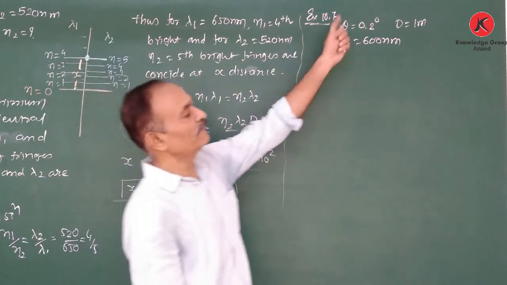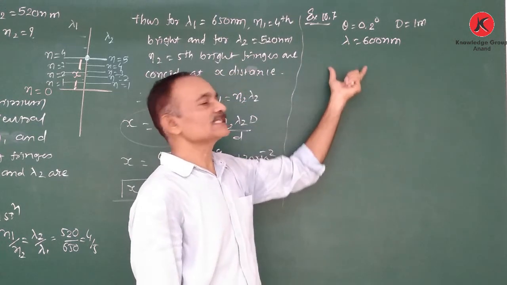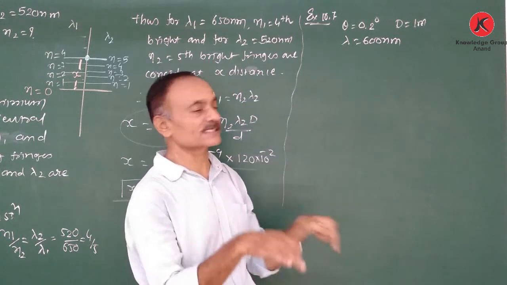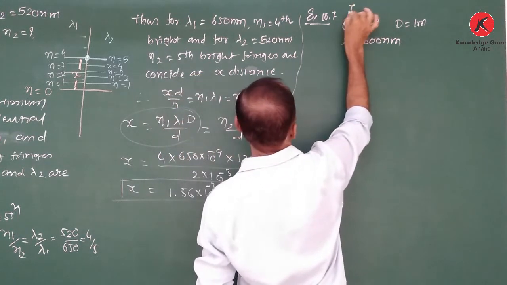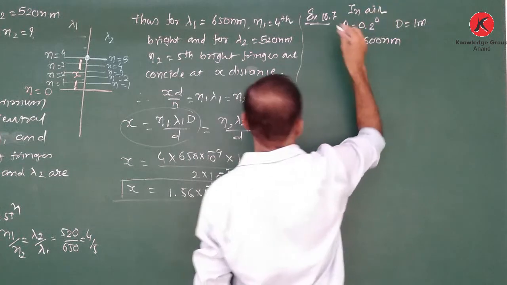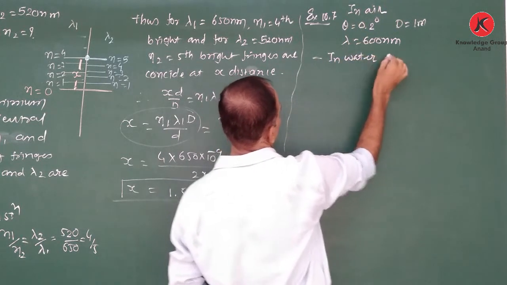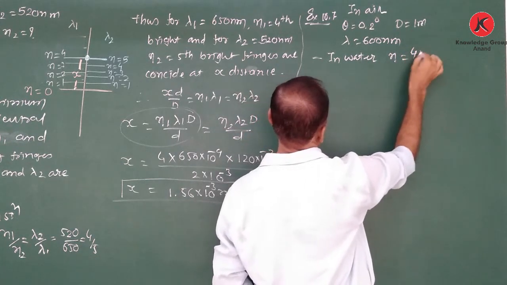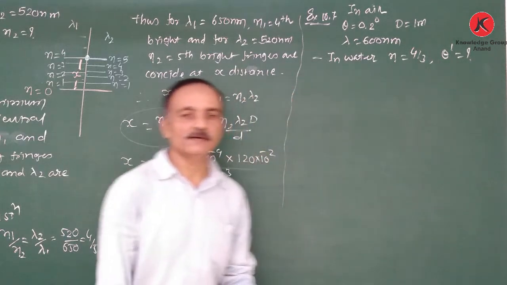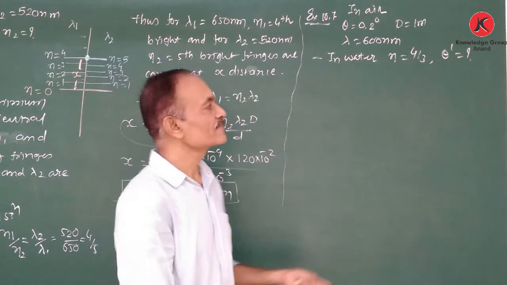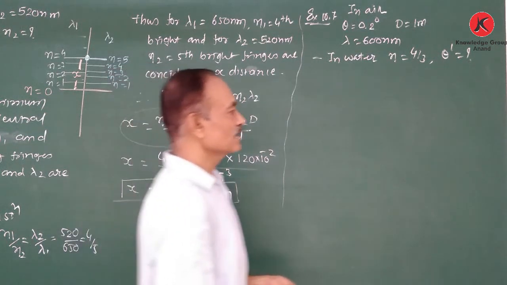Now, what is the angular width of a bright fringe when this experimental arrangement is immersed in water, that is in a medium, having refractive index n is equal to 4 by 3? We have to find out the angular width of the same fringes. Now listen, what is the angular width?